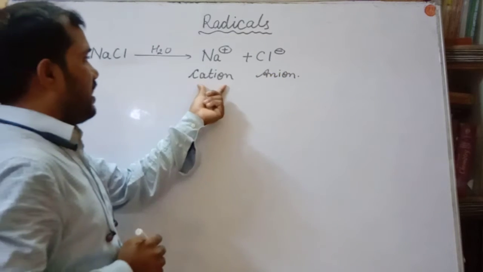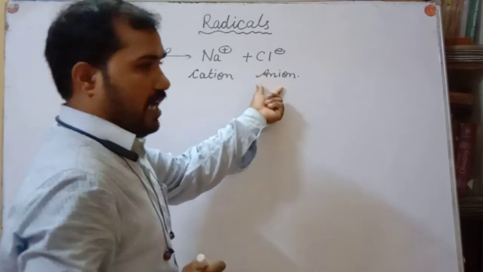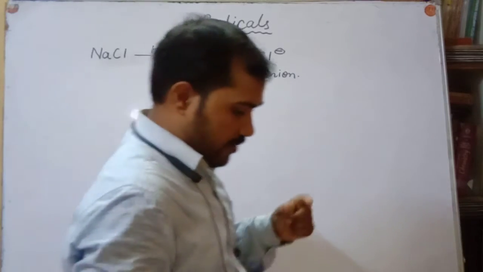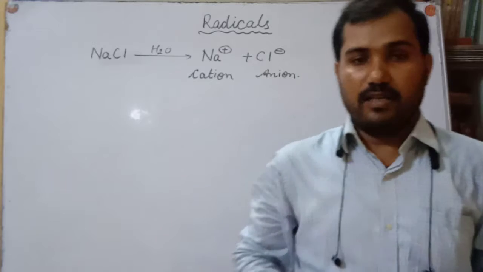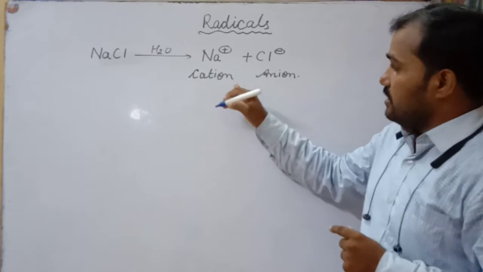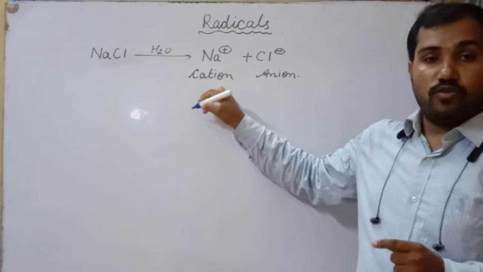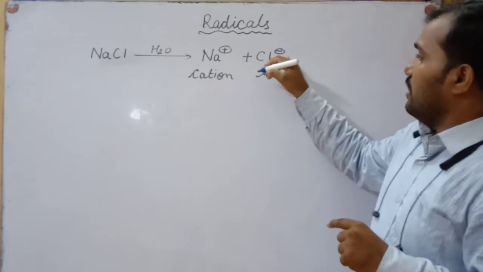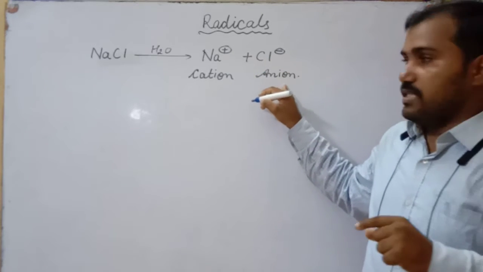This cationic part and anionic part are both combinedly known as the radical. This positive charge species is said to be the basic radical. Negative charge is the acidic radical.